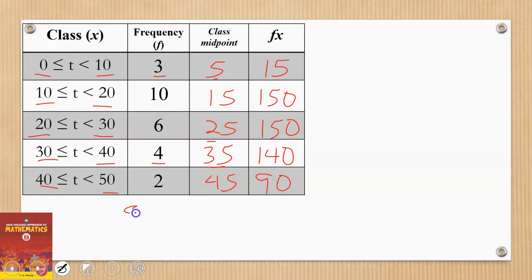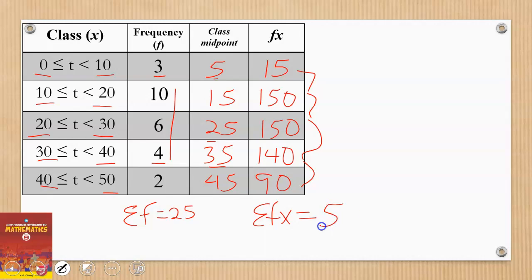So our sum of f will be, so we have this together with 20, 25. Then we have to do the sum of fx. If you sum the 15, the 150, 150 again, 140 and 90, we should expect 545.